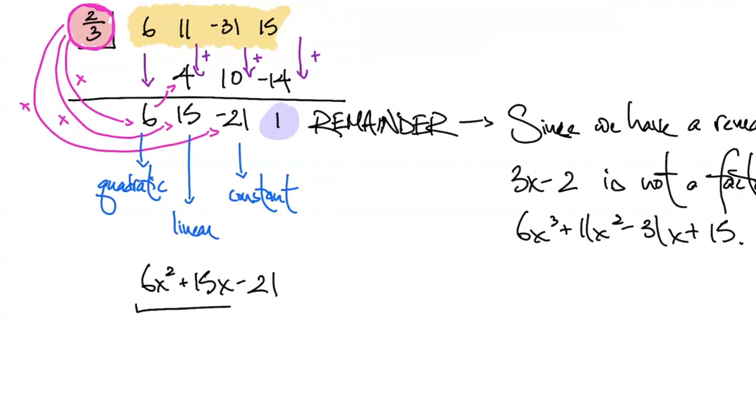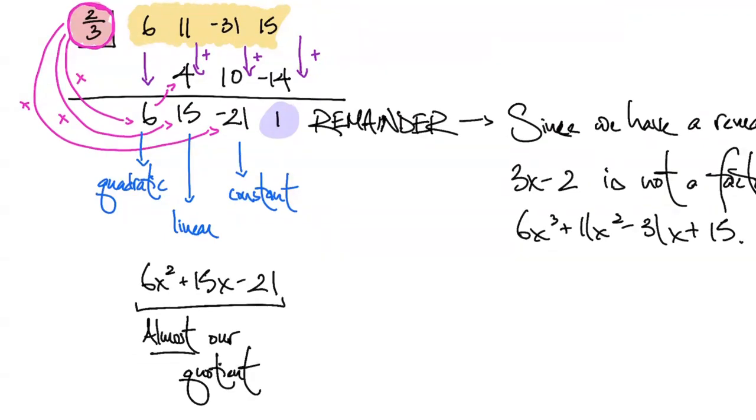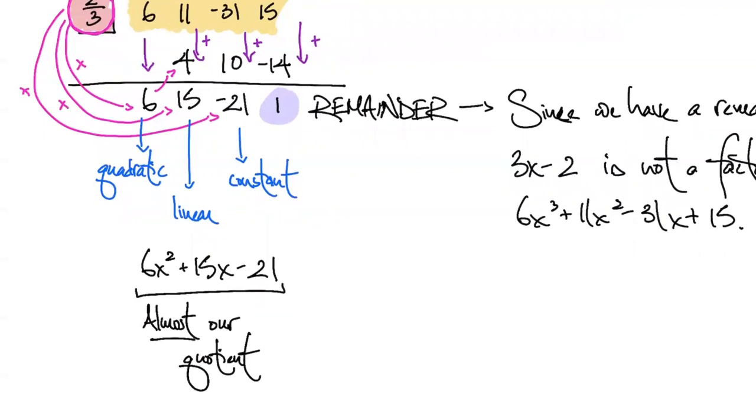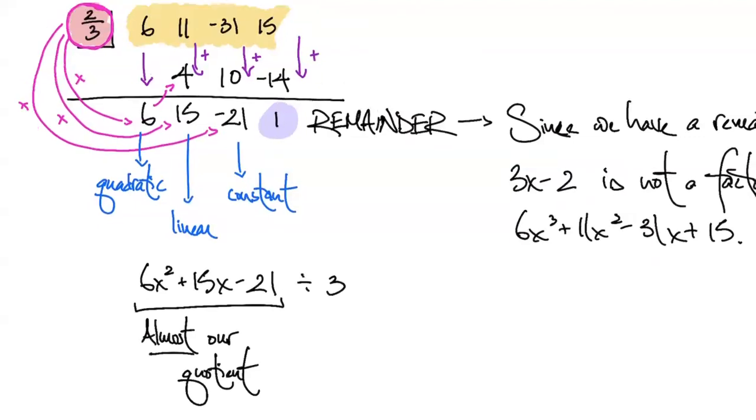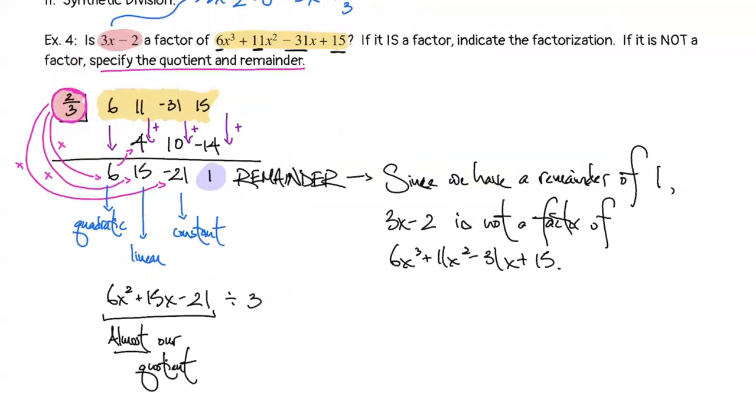Now this, my friends, 6x squared plus 15x minus 21, in this case is almost our quotient. All right, so we don't want to color this in green yet because it's not our quotient yet. But I want us to go ahead and divide this by 3. Okay. Here's why I want us to divide this by 3.